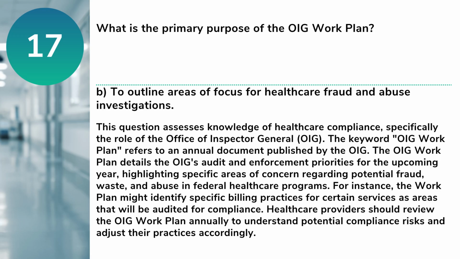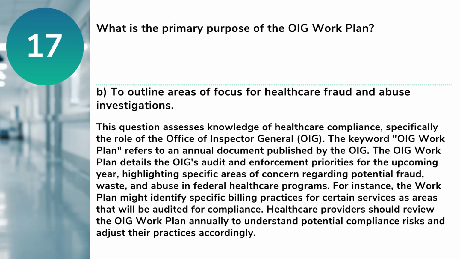This question assesses knowledge of healthcare compliance, specifically the role of the Office of Inspector General, OIG. The keyword OIG Work Plan refers to an annual document published by the OIG. The OIG Work Plan details the OIG's audit and enforcement priorities for the upcoming year, highlighting specific areas of concern regarding potential fraud, waste, and abuse in federal healthcare programs.